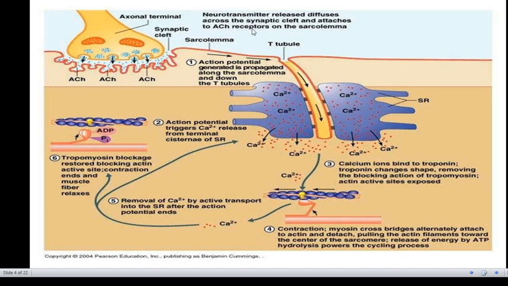The neurotransmitter released diffuses across the synaptic cleft and attaches to the ACh receptor on the sarcolemma. An action potential is produced along the sarcolemma. The action potential triggers calcium release.